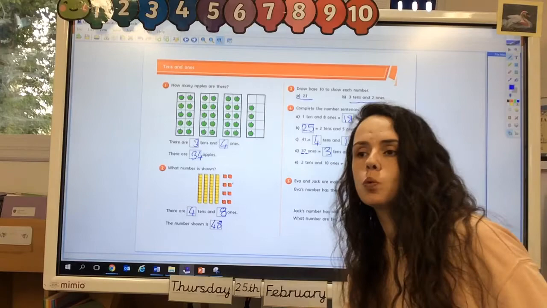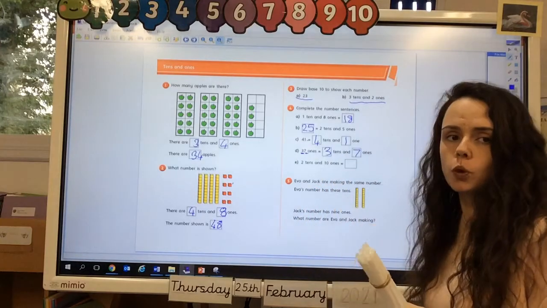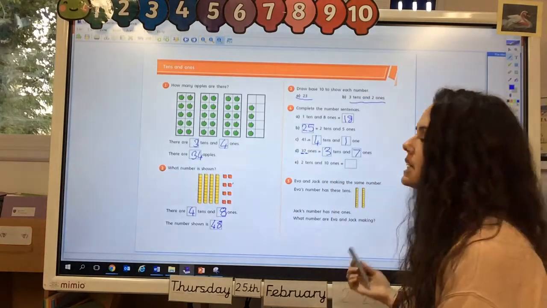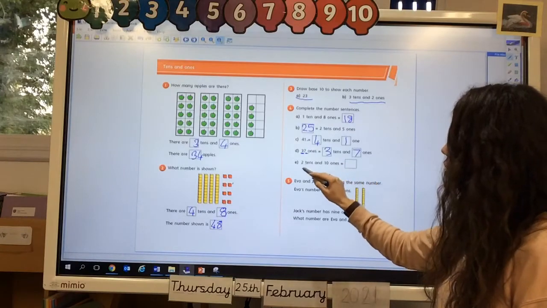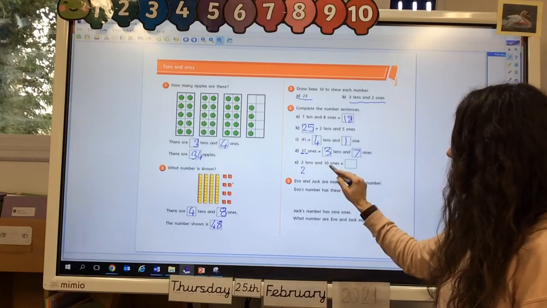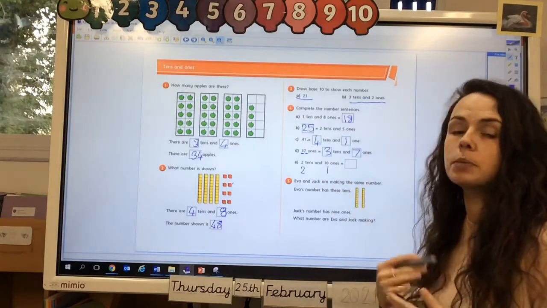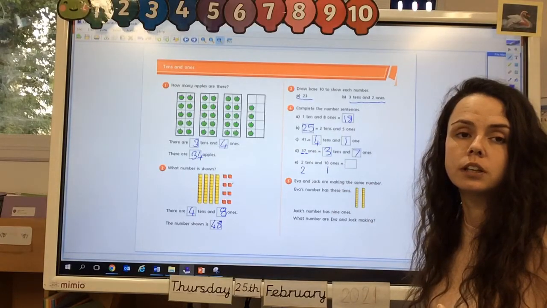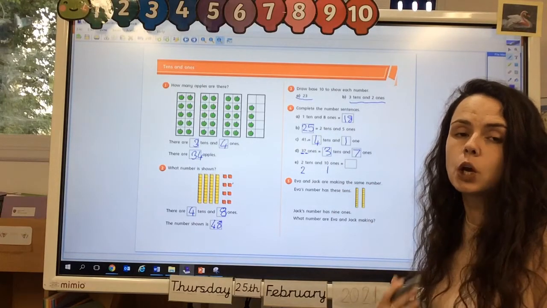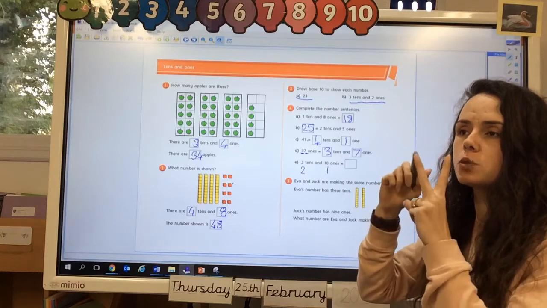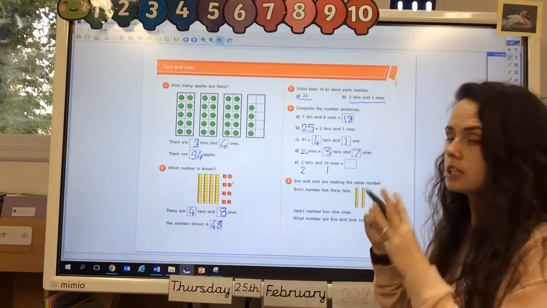Yeah, it turns into 1 ten. So therefore, we haven't got 2 tens and 10 ones. We've got 2 tens and then another ten. So how many tens have we got in total? We've got 3 tens, which makes what? 10, 20, 30.